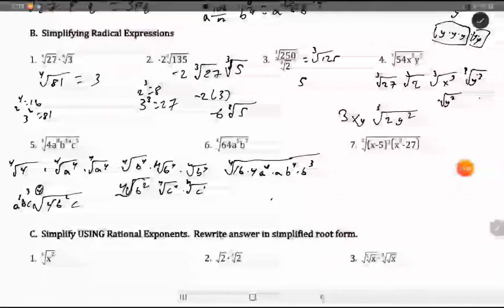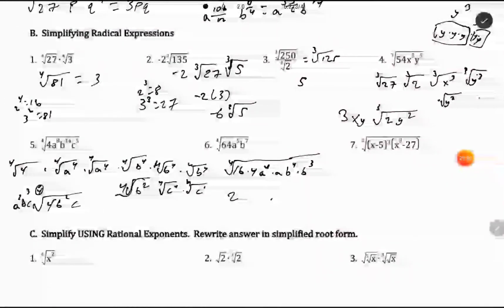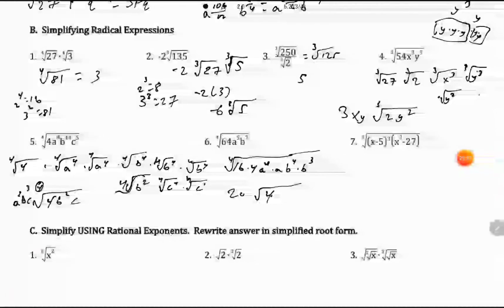Boom. 2 goes outside. That's the 4th root of 16. What's left inside is 4. We have an a to the 1st coming out, and then an a inside. 4th root of b to the 4th is b. And then we're left with b cubed inside.